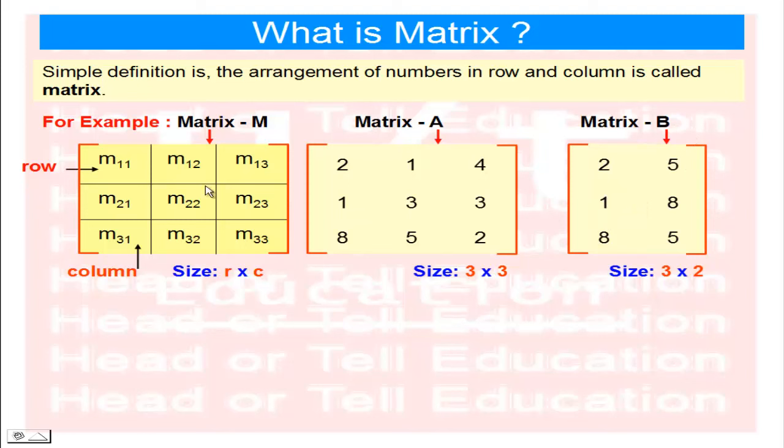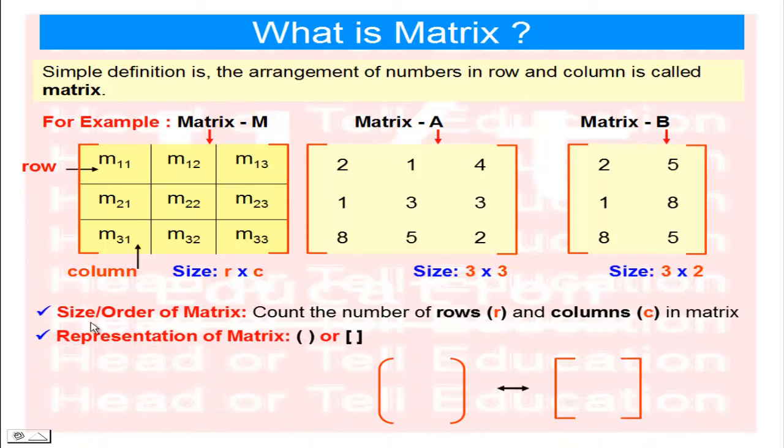We can check another example: M12 means first row, second column. In matrix A, the first row second column is 1, and in B, the first row second column is the value 5. Okay, so this is the matrix example.